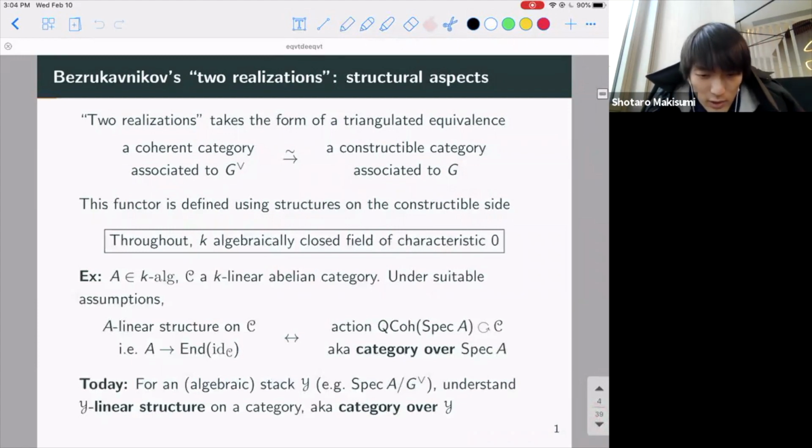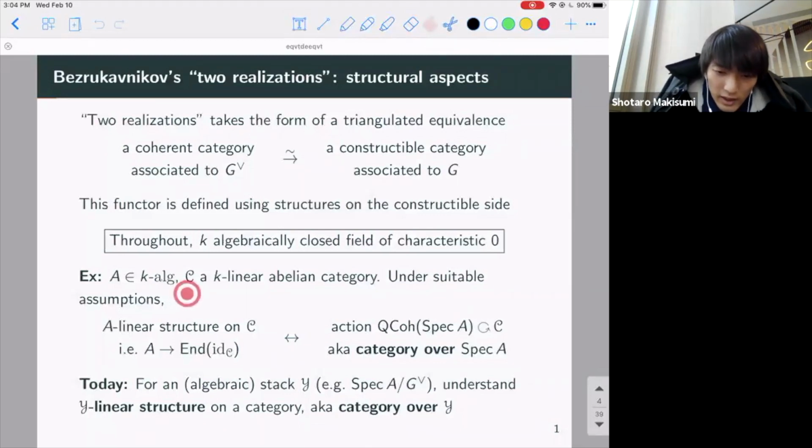Let me assume throughout this talk that K is an algebraically closed field of characteristic 0. So for example, if I have a K-linear category, and A is a commutative K-algebra, what this means is I have an algebra map from A to the center of my category.